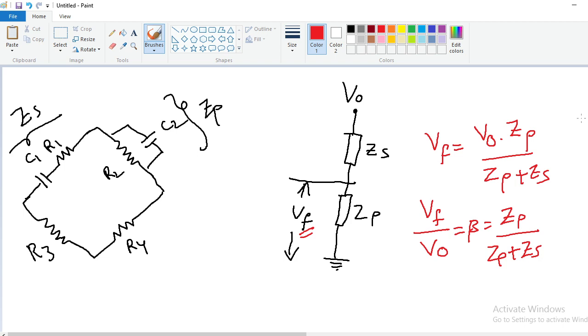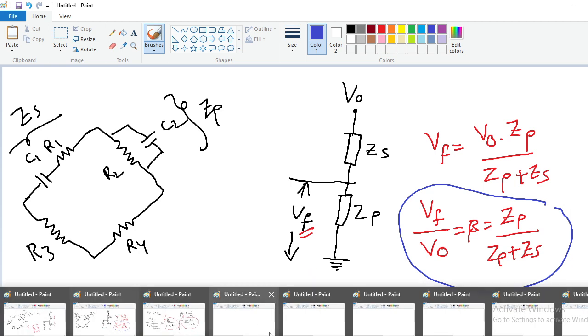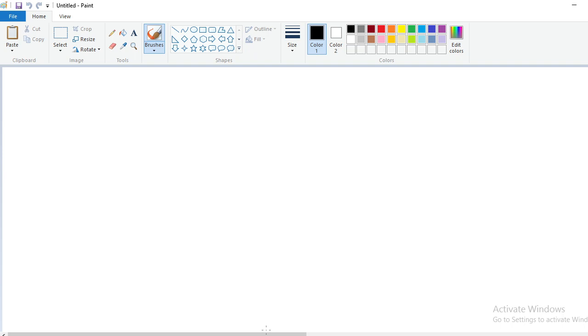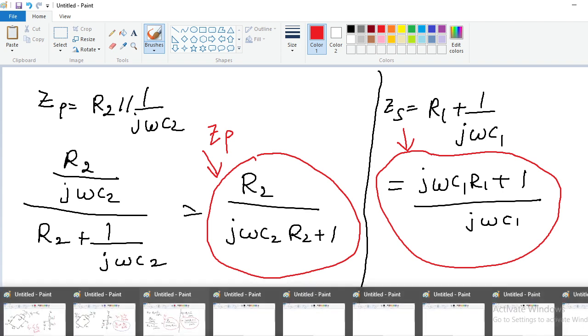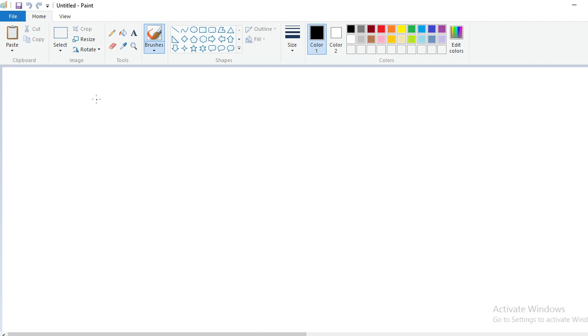Now, what is the beta value? Beta is equal to Vf by V naught, that is equal to Zp divided by Zp plus Zs. We have to substitute the values in this equation. Zp is equal to R2 divided by 1 plus j omega C2 R2.